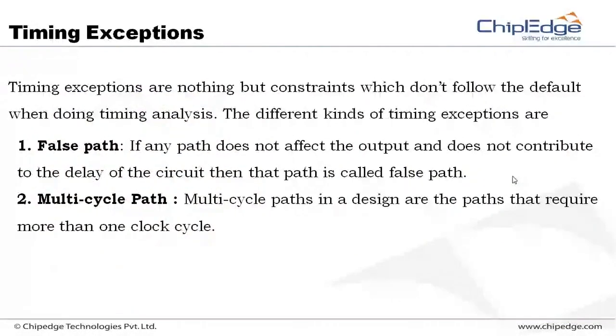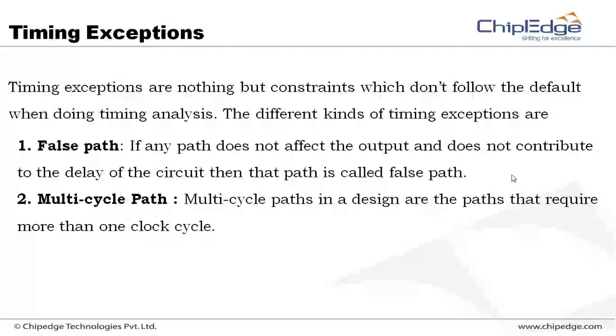Just to introduce what timing exceptions are. Timing exceptions are the ones which my STA tool does not consider for timing calculations. For example, a false path. A false path is a path which really does not do any logical operations, but for some reason it is sitting in the circuitry, right?